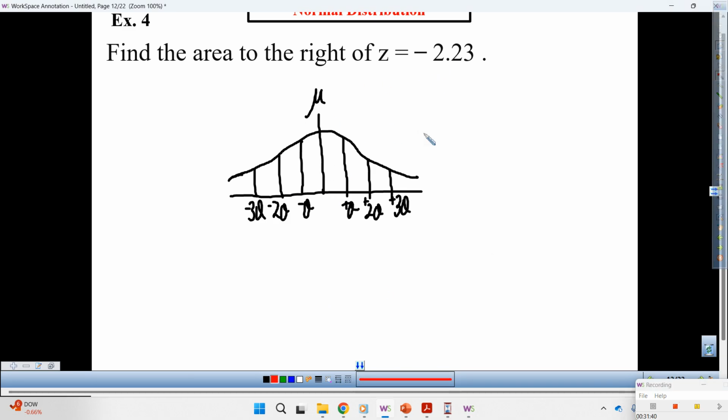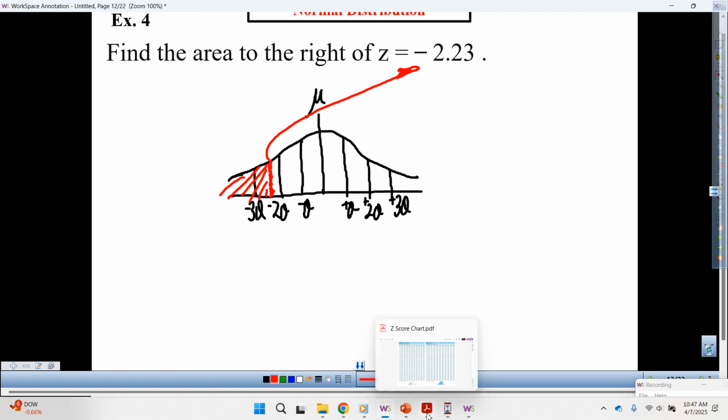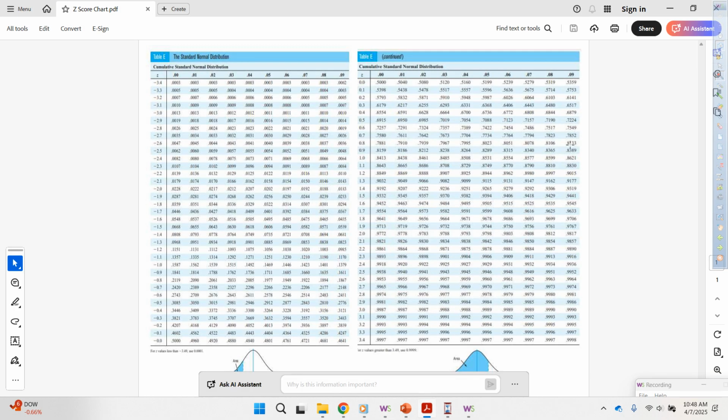Here's my bell curve. So starting at mu, where do I go? Okay, tell me where to stop. Okay, right here, a little bit further away from the second negative standard deviation. That's our z-score. We're going to find first the area to the left of that, and then we go to our chart. Here is our chart.